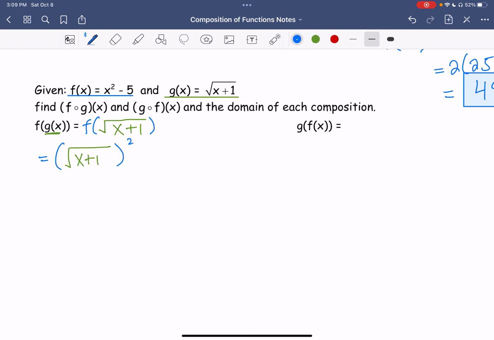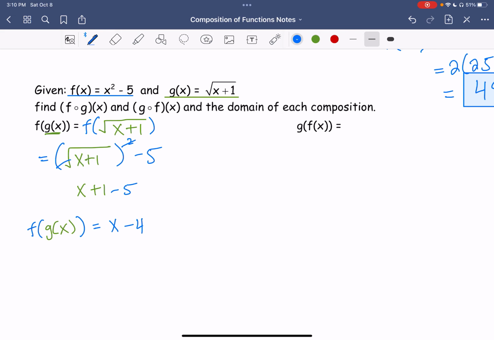So x squared minus 5. Now if you remember from algebra, the square root cancels out with the square. So you're left with x plus 1 minus 5. Okay, so in conclusion, f of g of x is equal to x minus 4, okay? Because plus 1 minus 5 is negative 4.